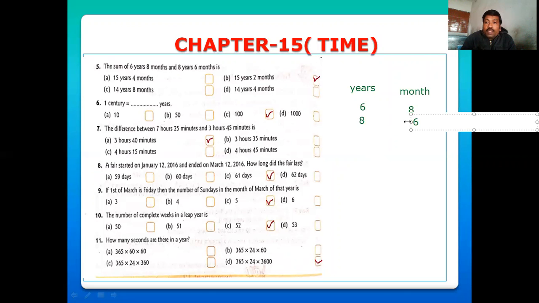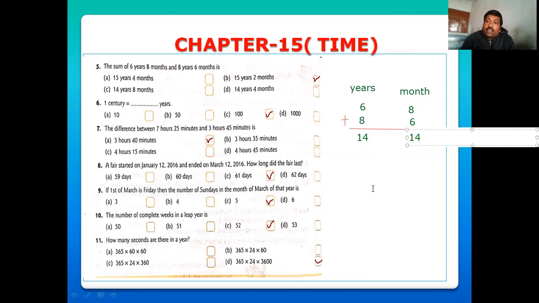When we add 8 plus 6, we get 14. When we add both of these, years and months separately, then we get 14 years and 14 months. Here we see 14 is greater than 12 months, because 1 year is equal to 12 months. Then we will subtract 12 from this 14.